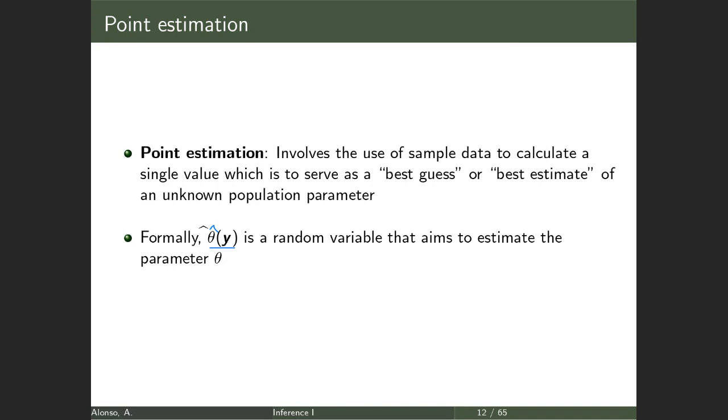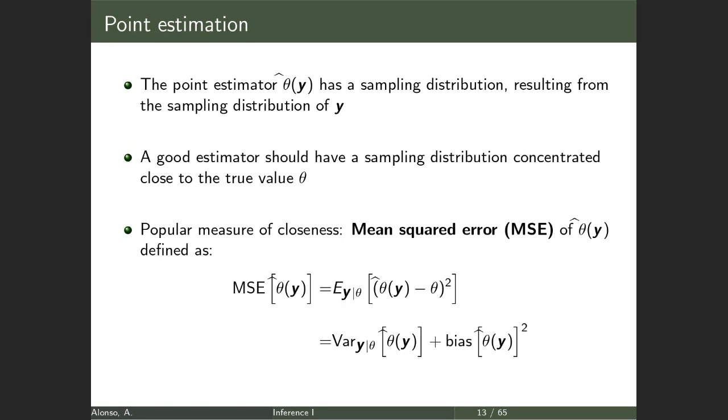You're not going to make exactly the same guess every time. There will be some variability depending on the variability in the data. So your guess, your theta hat, is in itself a random variable, and the distribution of your theta hat is going to depend on the distribution of y.